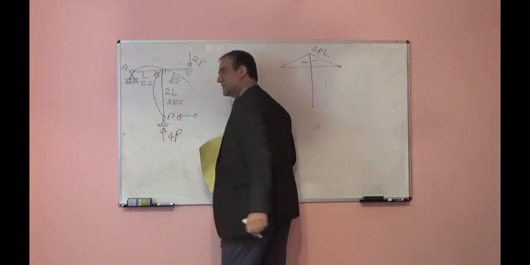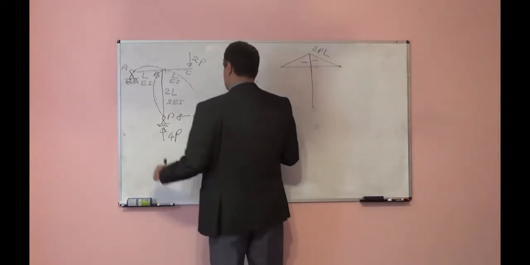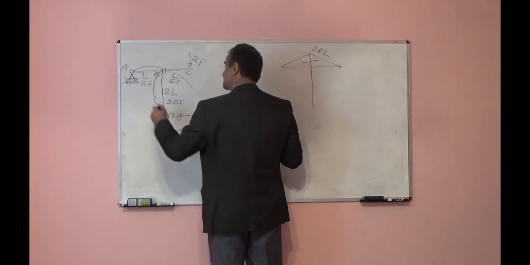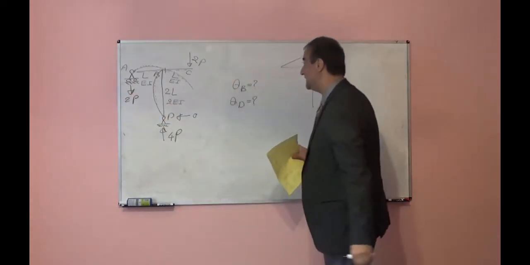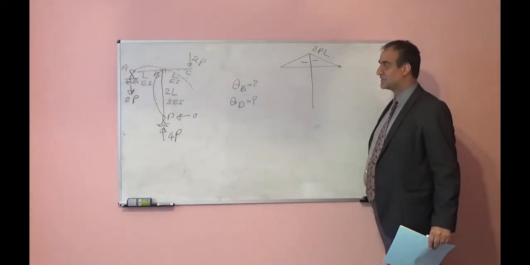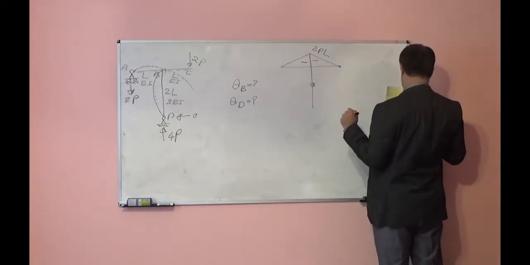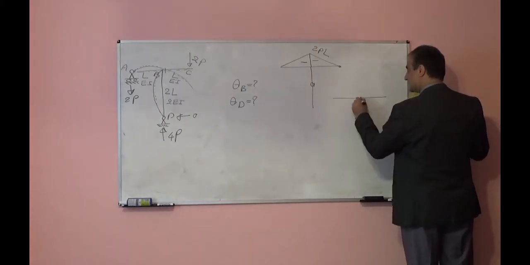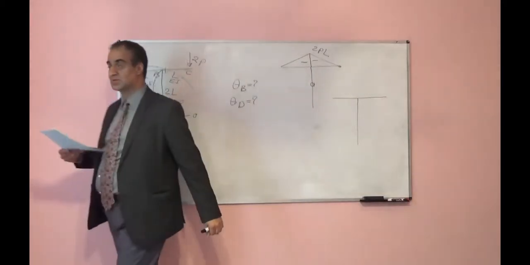If I write summation of forces in vertical direction, Ay plus 4P minus 2P is equal to 0, so this will be 2P downward. For BD element, for that column, there is no force perpendicular to that element, so the moment diagram will be 0.